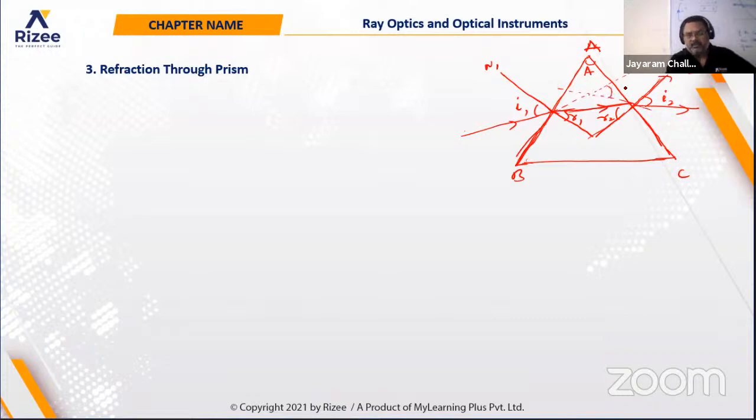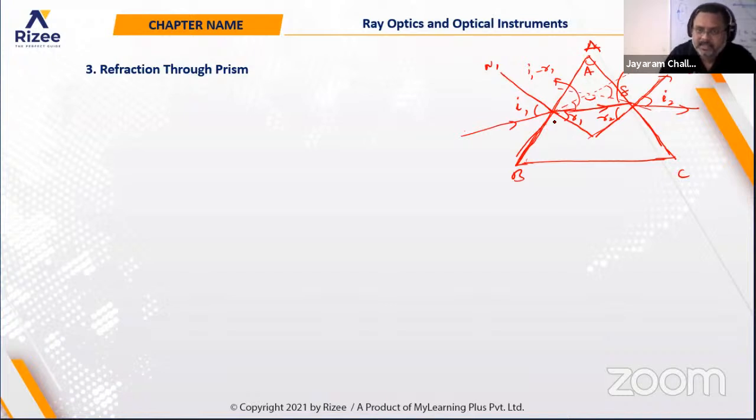So this angle is called the angle of deviation. These particular angles I'm writing here, which is I1 minus R1, and this particular angle I2 minus R2, and this is the angle we need to identify.